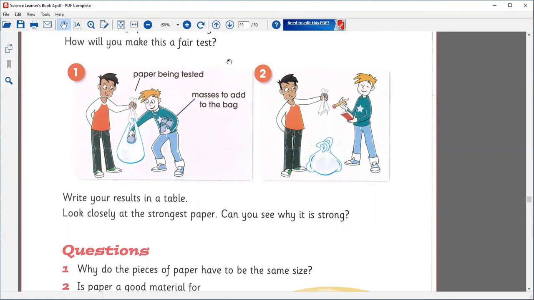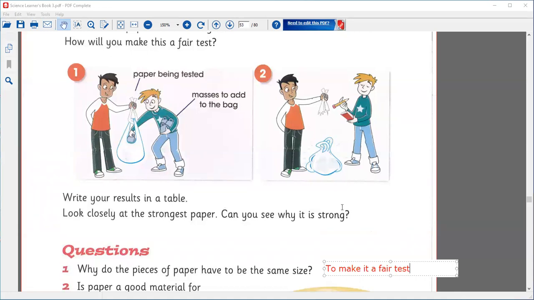So let's write here: to make it a fair test.